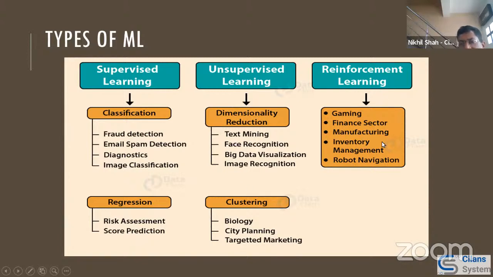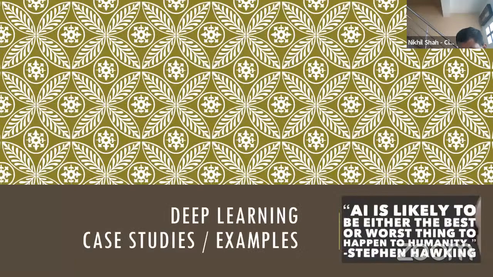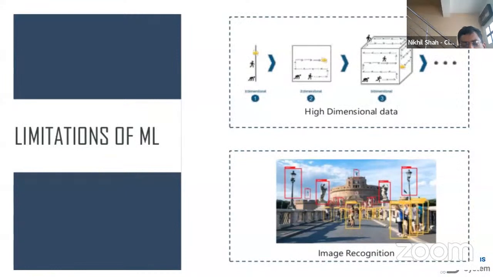And reinforcement learning is largely used in the gaming sector, which is probably a bit out of scope for today. But that's how machine learning works. Now, there are some limitations of machine learning, right? When you deal with large data, such as your human face, a human face has so much data. For example, eye color, hair color, length of the hair, specs or not, the shape of the nose, the color of the skin.